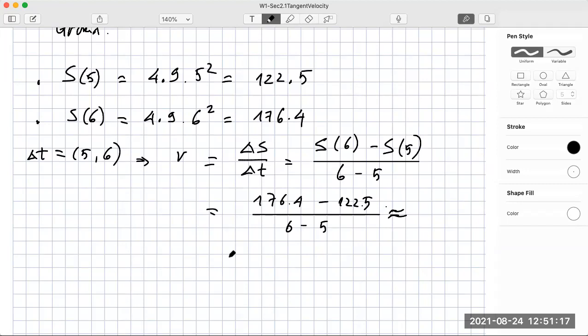Very good. 53.9. Good job. So this is the velocity for the time interval from 5 to 6.